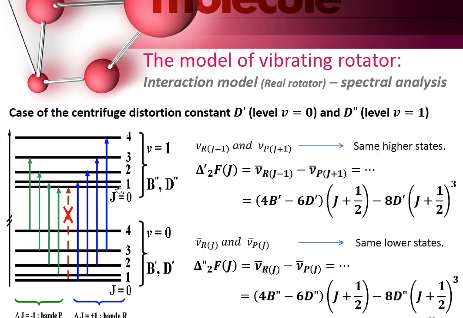Now again, same idea. If I want to find the difference, if they end up at the same level, the difference is going to contain B prime and D prime, which is the case in here, where they end up at the same higher state, and vice versa when they start at the same lower state. The difference between the spectral lines would depend on B second and D second.